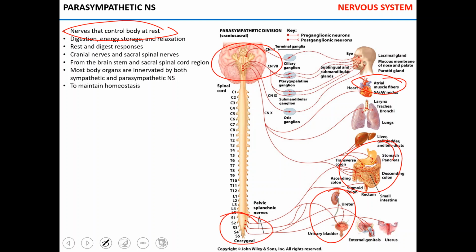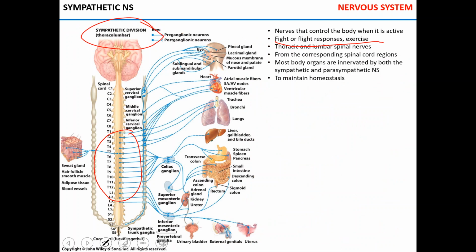What is important to understand is that both systems, sympathetic and parasympathetic, innervate the majority of organs. So for instance, the heart has parasympathetic and sympathetic innervation.